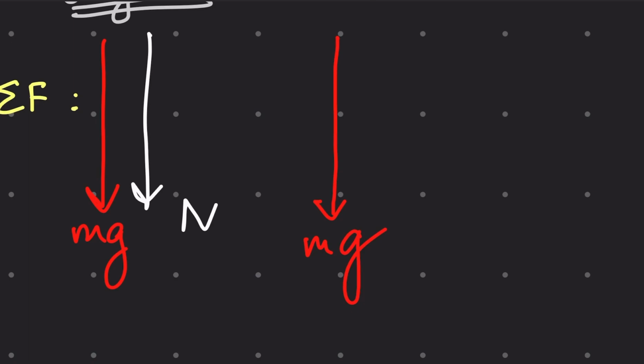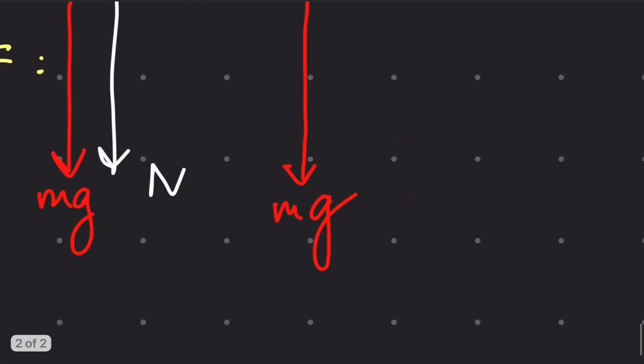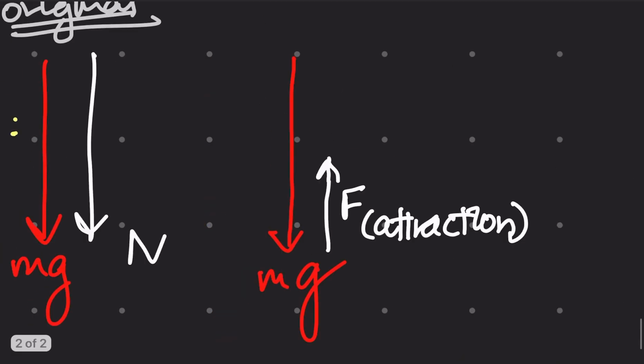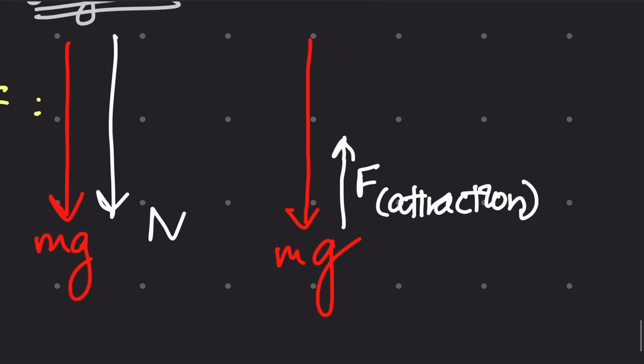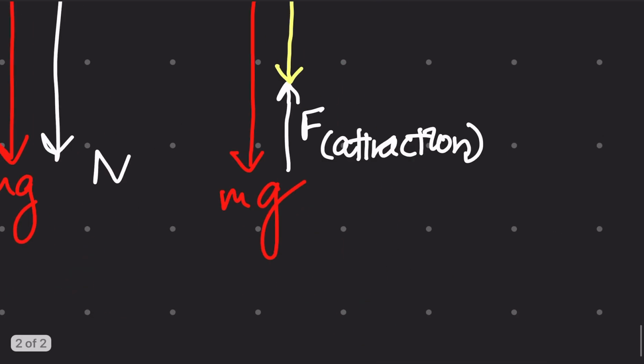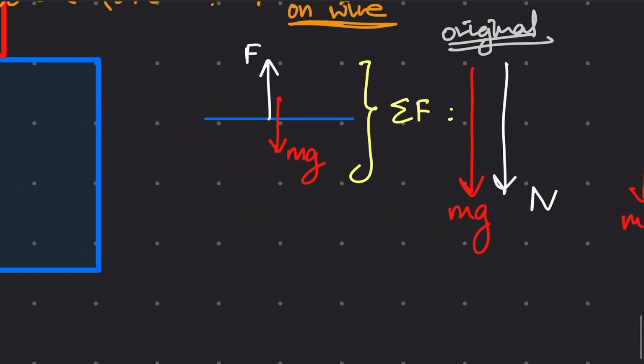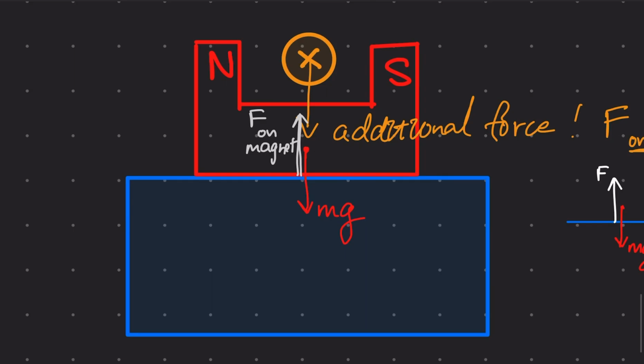However, I also have a force upwards, the attractive force. I'm too lazy to write it out, so I'll say attraction. This results in a slightly smaller N force. You get what I mean? So if you look at this again, we'll have a smaller N.